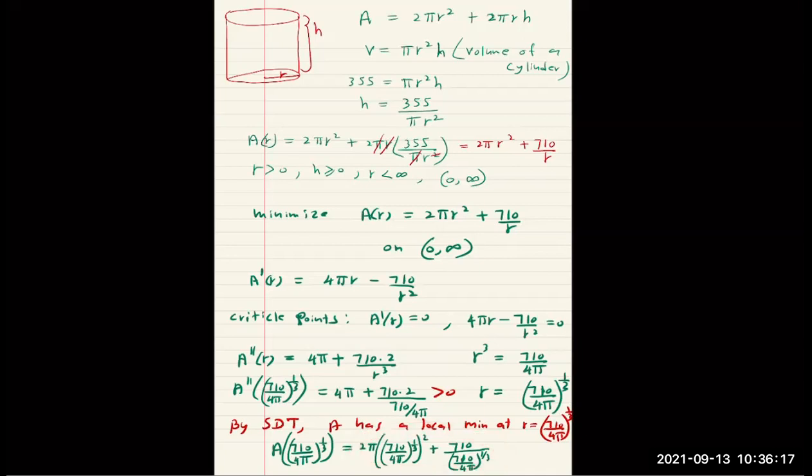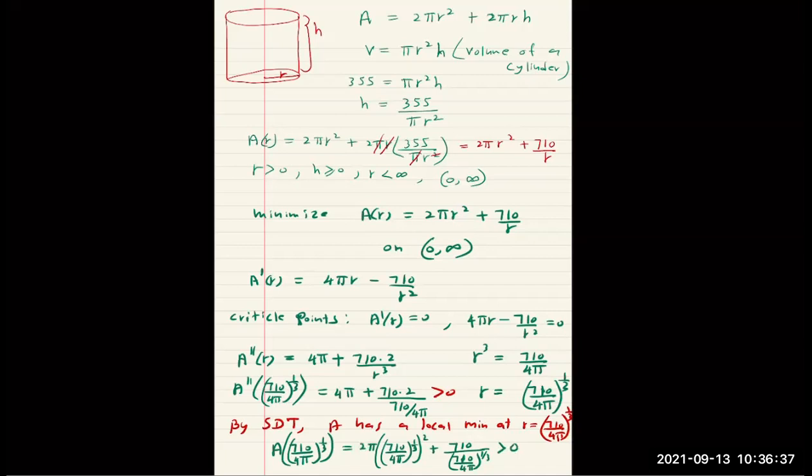I know that I'm going to have a local minimum at R equal to this number. So I plug in that value of R in my area function to find the local minimum. In fact, my local minimum value is this number. Clearly, this number is some positive real number.